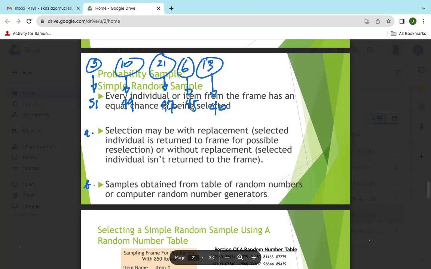Okay, that's the whole idea. Whereas on the other hand, simple random sampling without replacement is a simple random sampling which is performed in such a way that for every unit or element selected, the unit is isolated from the population. In other words, it is not put back into the population.